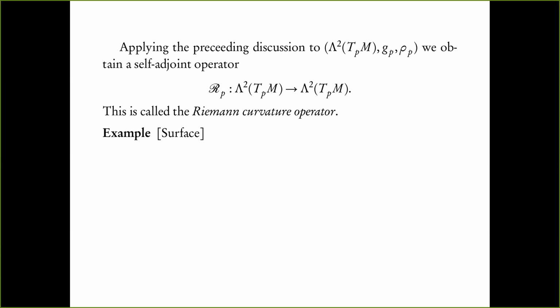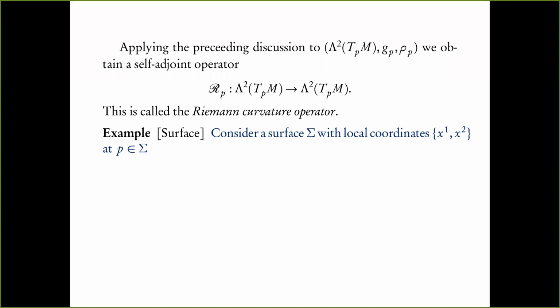It's 1. So which means if I choose an orthonormal basis of TpM, let's say E1, E2, then E1 wedge E2 is the basis for wedge 2 of TpM, right? So this is a linear map from a one-dimensional space to itself, which means it's determined by a scalar, the value on a basis. Let's see what you have.